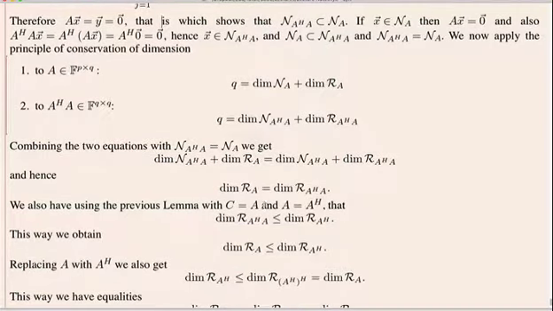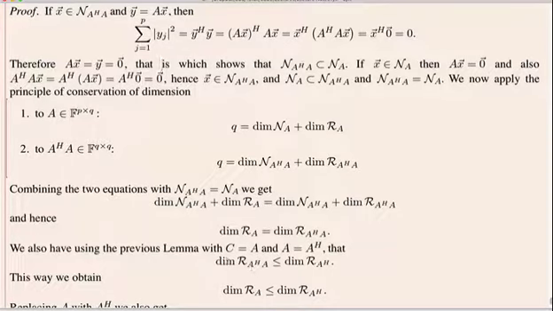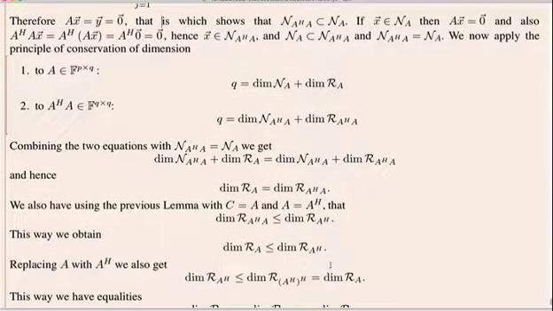So then we use now C for the A matrix, and for A we use the AH matrix, and then the previous lemma says that the dimension of the range of AHA is less than or equal to the dimension of the range of AH. So comparing these two equations, what we get is that the dimension of the range of A is less than or equal to the dimension of the range of AH.